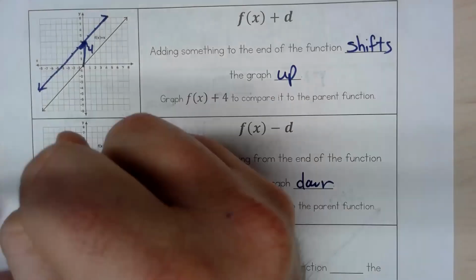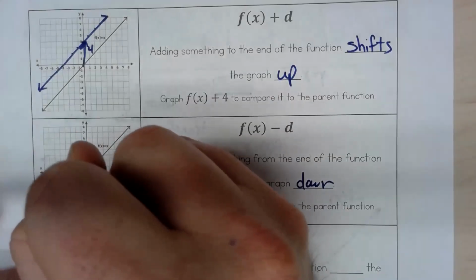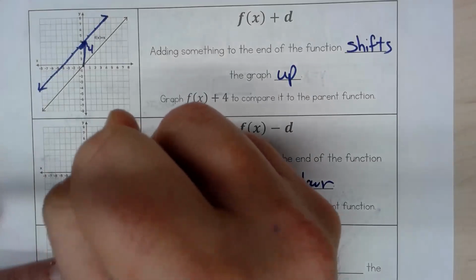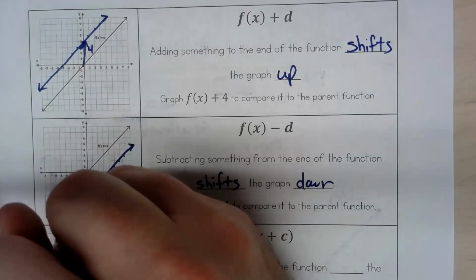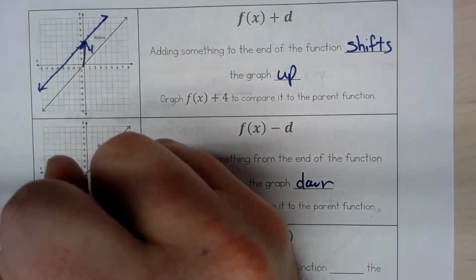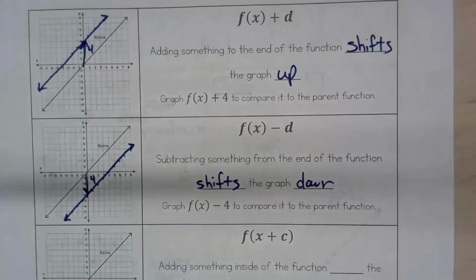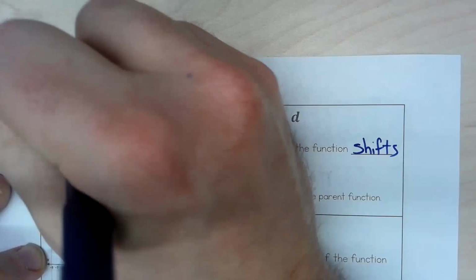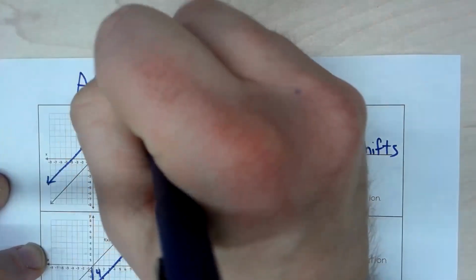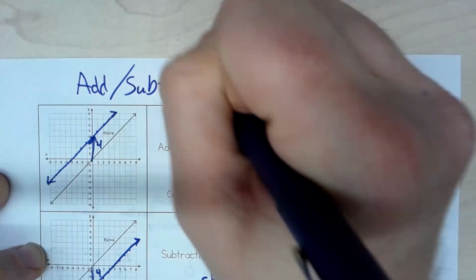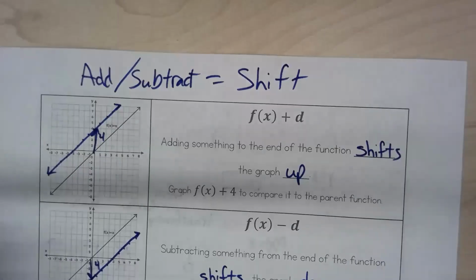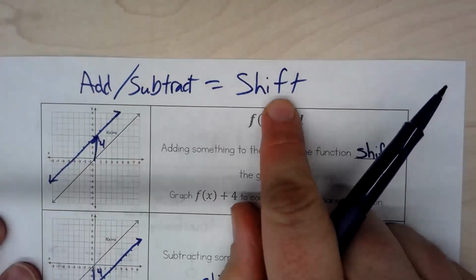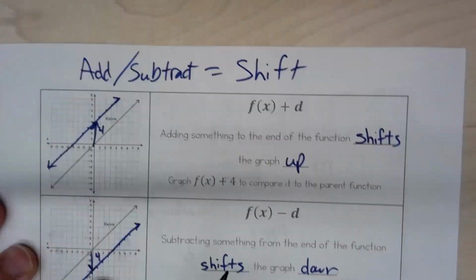When it was x minus 4, all that happened was our graph went down 4. Okay, so again, nothing too crazy. I'm going to put up here, add, subtract equals the shift. So when we multiply, that affects how steep it is. But if I add or subtract, we're just shifting our graph either up or down when it's on the outside.